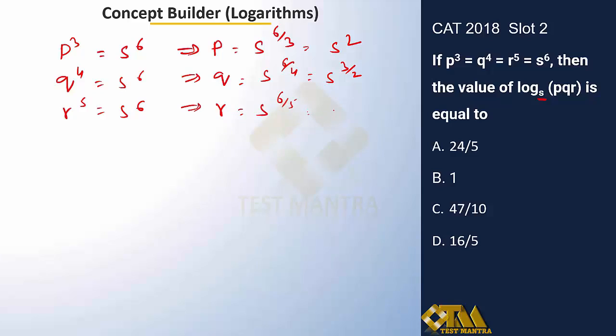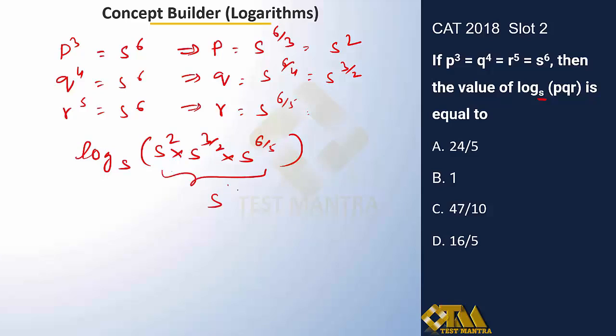Right? So now according to this, log s into p is s square, q is s raised to 3 by 2, and this value s raised to 6 by 5. Right? That represents this complete figure is nothing but s raised to 2 plus 3 by 2 plus 6 by 5. So let's calculate this.